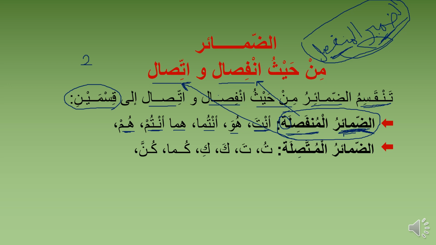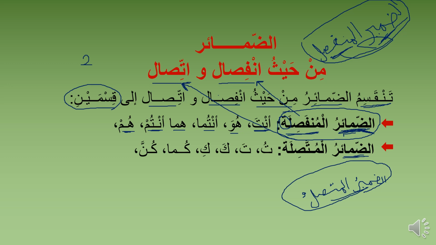If you want to say ad-damir, what will you use to qualify it in terms of ittisal? Is it al-muttasila? No, it's going to be al-muttasil. Ad-damiru al-muttasilu. So this is singular form, attached pronoun, while ad-dama'ir al-muttasila is attached pronouns in terms of jamu, plural.